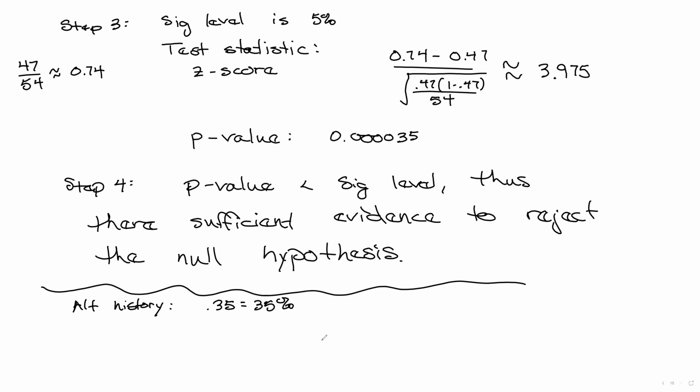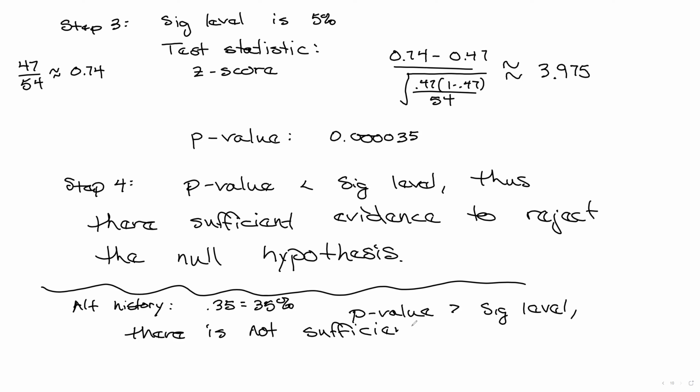So when the p-value is greater than the significance level, there is insufficient evidence. So we fail to reject. There's not sufficient evidence to reject the null hypothesis.